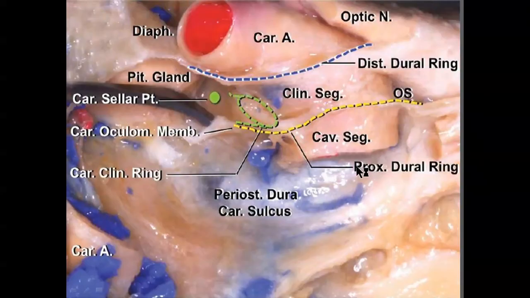All right, we can see again the proximal dural ring and distal dural ring in this, and therefore this is the clinoid segment, which wasn't named in the Fischer classification, but Bouthillier assigned it a number, and that was C5.